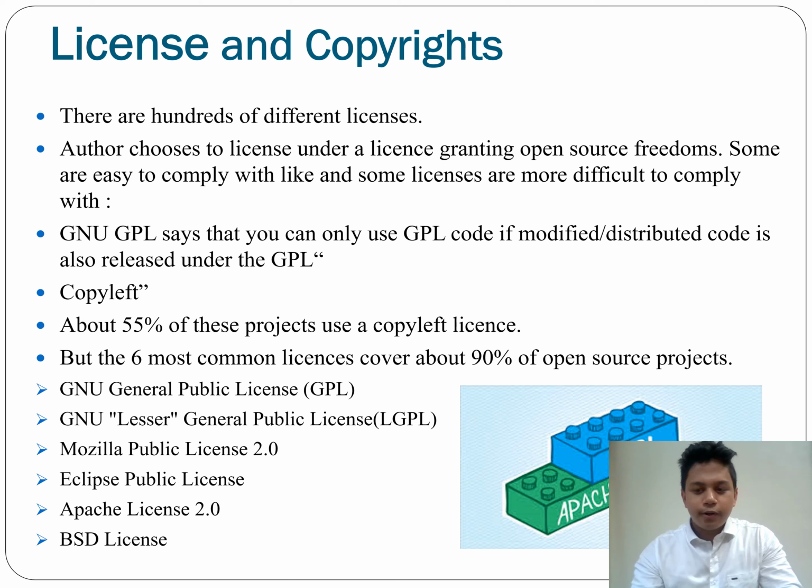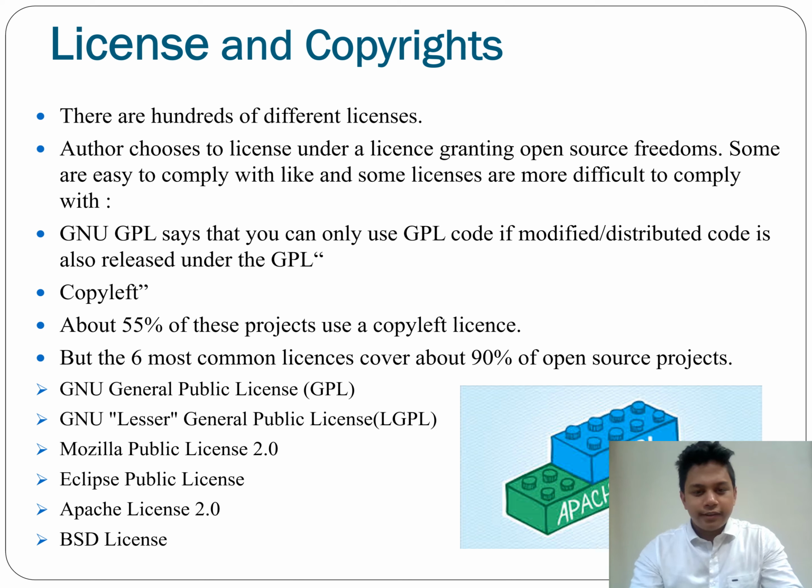Next comes the copyleft. A copyleft license requires that redistribution of the work is subject to the same license as the original. That means the license should be the same as the original software. This is what the copyleft license says.